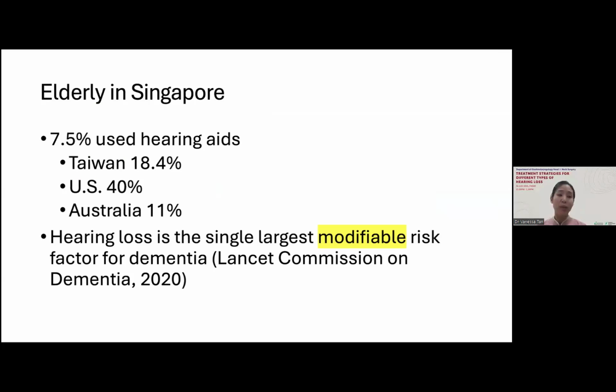And recently, we have found that hearing loss is the single largest modifiable risk factor for dementia. So there are many things that we cannot change in our lives, like let's say your family history or your age. But one thing that you can change for yourselves to reduce your risk of dementia is getting your hearing loss treated.